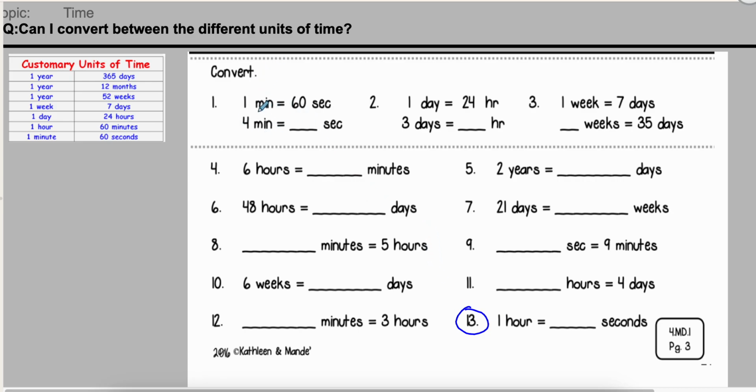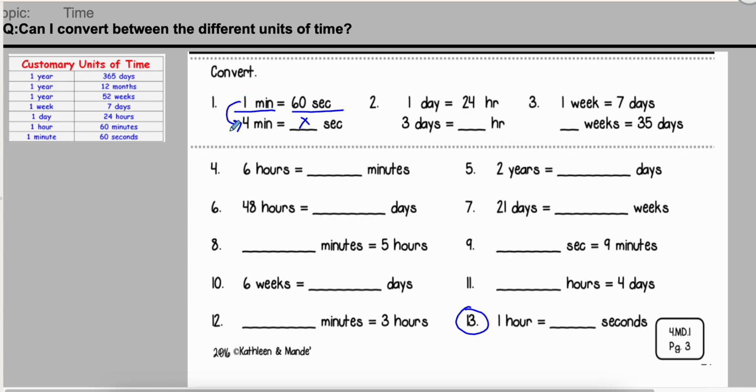As we look at these first few examples, I have 1 minute equals 60 seconds. That is coming directly from my units of time conversion chart, and I know that this is true. However, what I have happening here is essentially a ratio, a proportion. And what my proportion is saying is I don't know what this answer is. I know, though, that I went from 1 minute to 4 minutes.